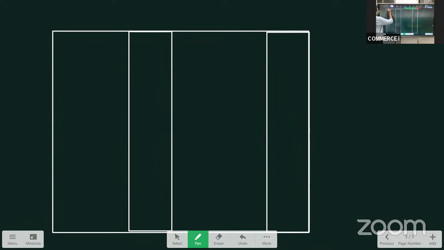Balance sheet of Brindavan business as on 31st March 2019. You have to pay attention to this.